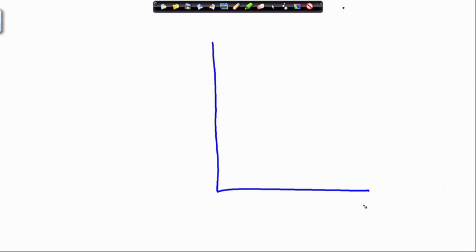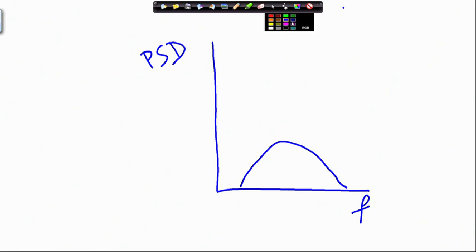We are looking at the frequency domain plot, and here we are drawing the PSD, and for that here is the signal spectra, some arbitrary spectra we have taken, and let us take that there should be some noise spectra also. This is the low frequency one. I think I should use a different color for that.